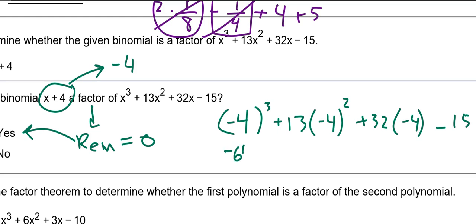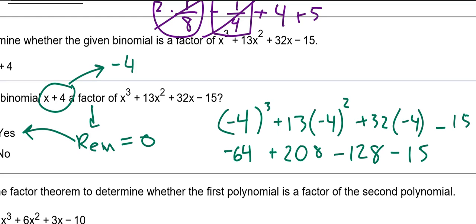Okay, -64. Let's see, 16 times 13. 208. Okay. 32 times -4. Well, that's a -128. And a minus 15. So -64 plus 208 minus 128 minus 15.